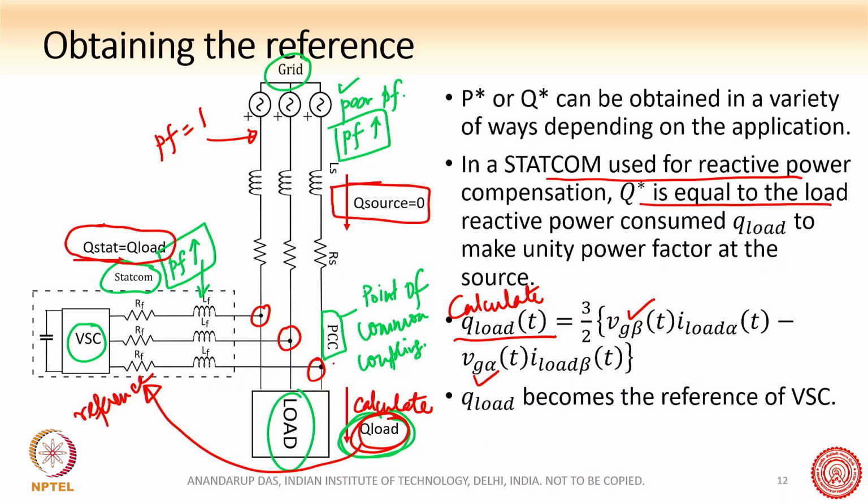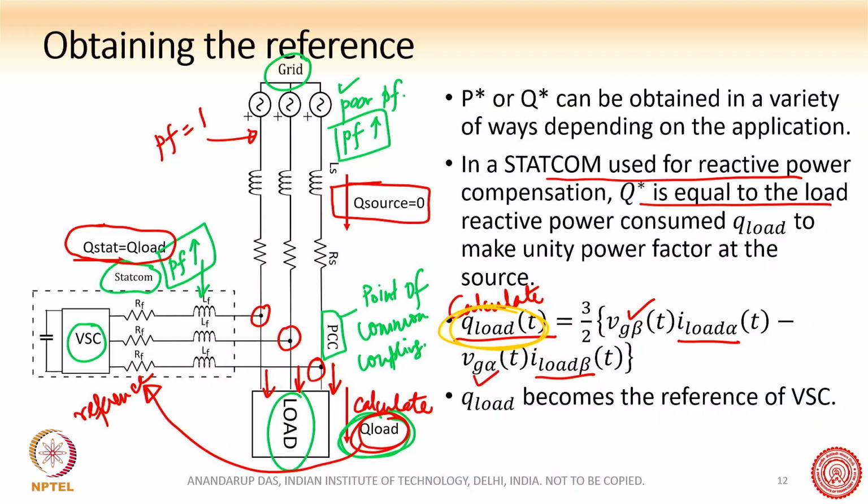Next, these currents which are flowing, we will also sense, and we will know the alpha and beta component of it. Once we have this information, obviously we can calculate how much is the Q load.